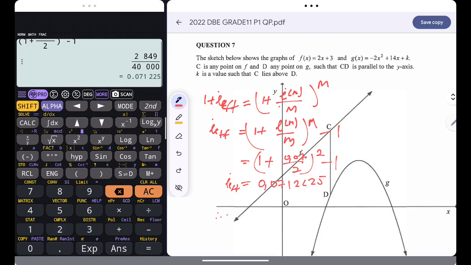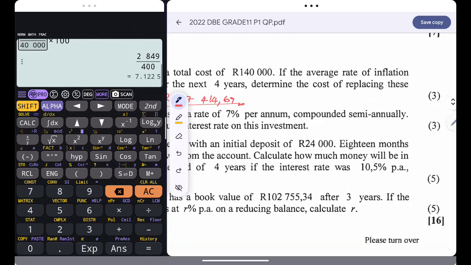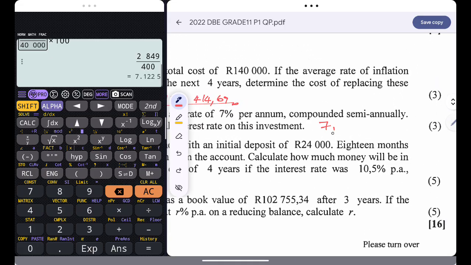But I want to find the rate of interest, not the ratio. I must just multiply my answer by 100. I'll simply get 7.12% per annum.